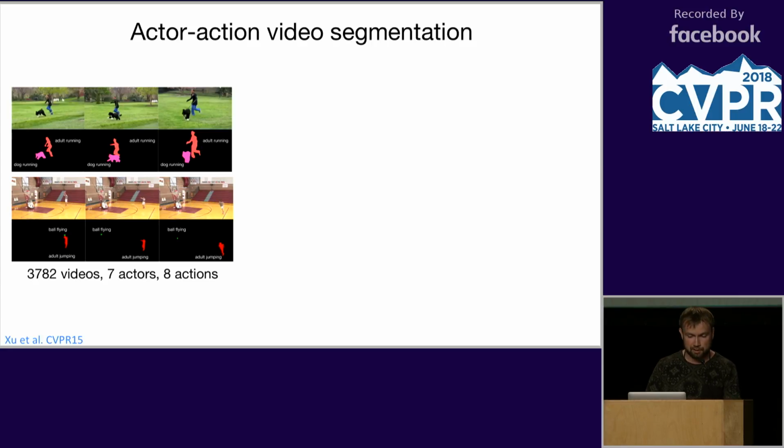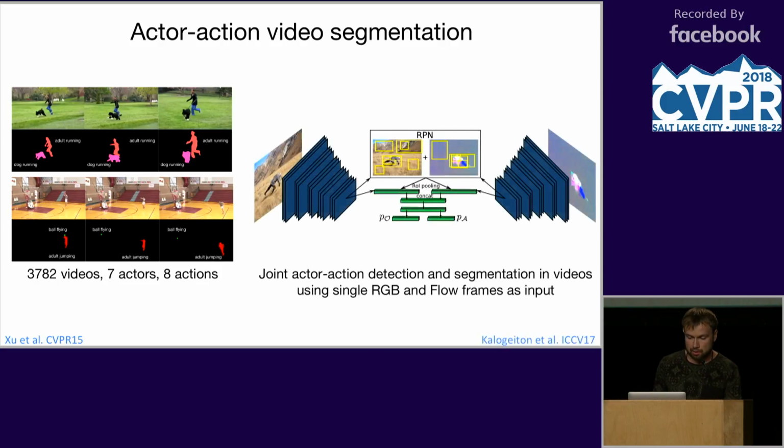And actors can be very different, for example, adult, baby, or dog, cats, and also non-living objects such as balls, cars. In ICCV 2017, Kalogeiton et al. proposed a method to perform actor and action detection and segmentation using single RGB and flow frames as input to the model.